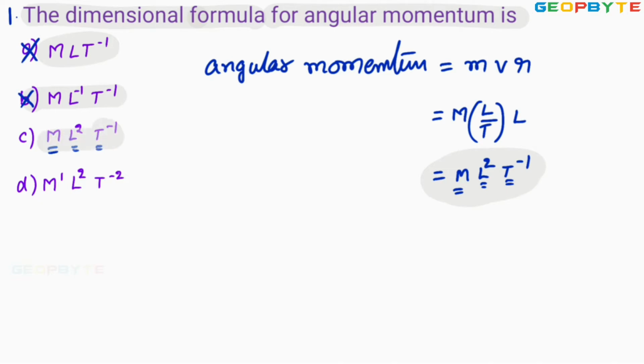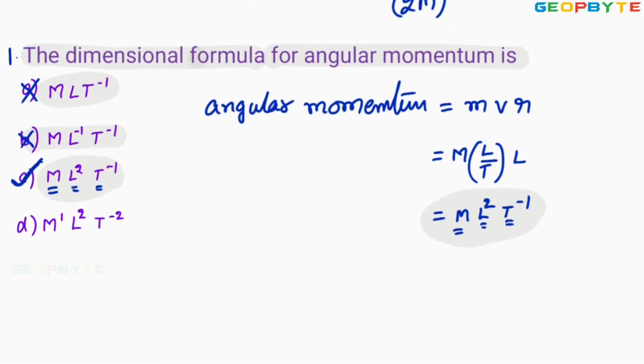Therefore, option C is absolutely correct. I hope you got my point. Dear friends, this problem is very important. Already 2 times the same problem has been asked in the ECET exams. Let us go for the next problem.